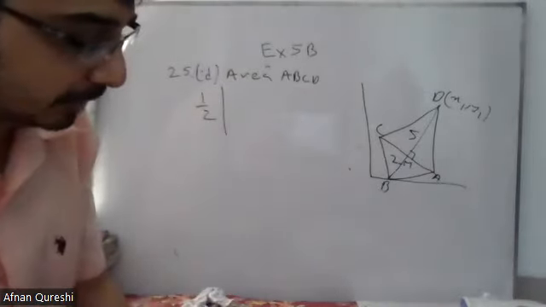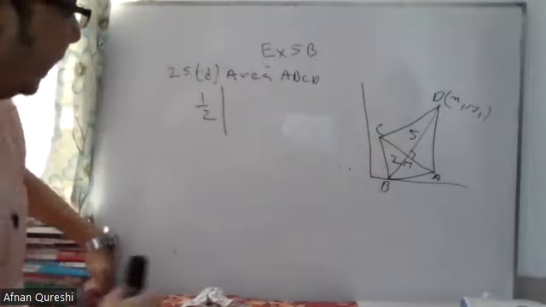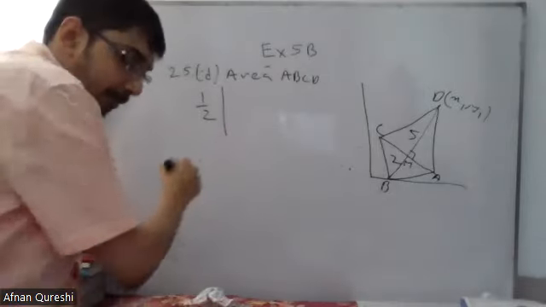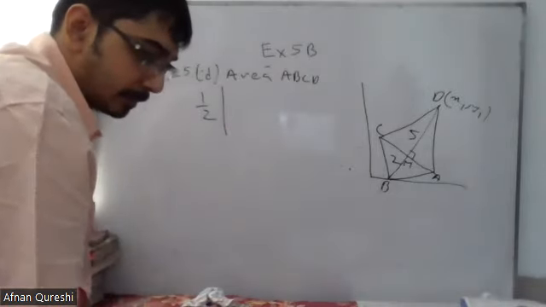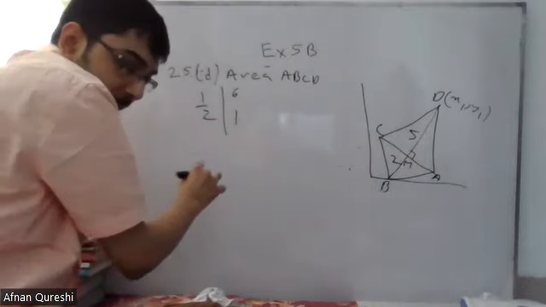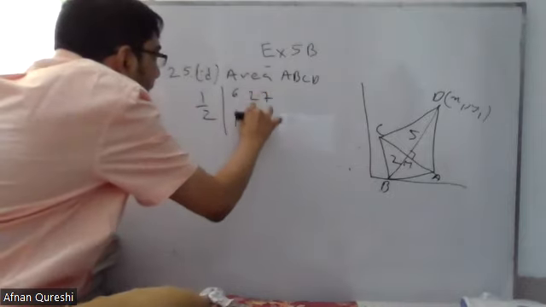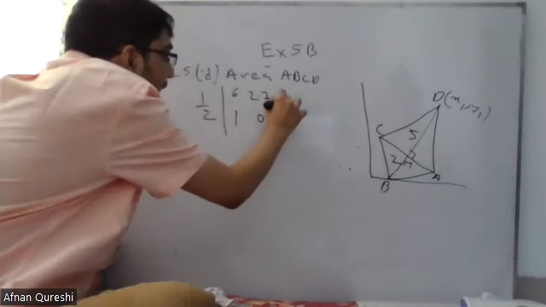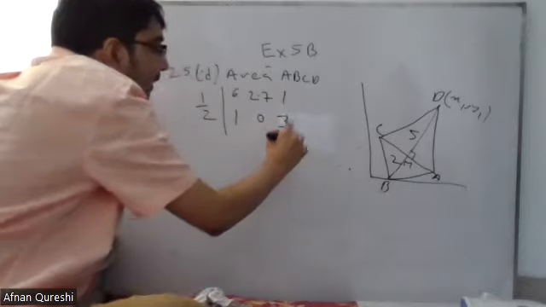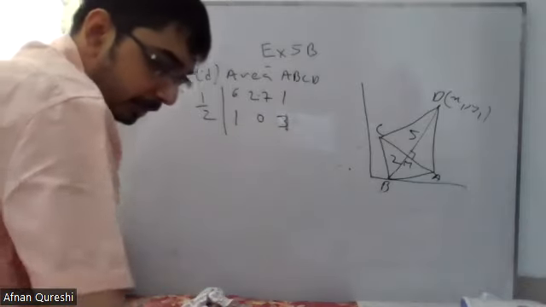So I'm taking the coordinates as ABCD. It is actually clockwise, so I should get the correct answer, but negative. So coordinates of A, B, C, then D. D we have already found out.